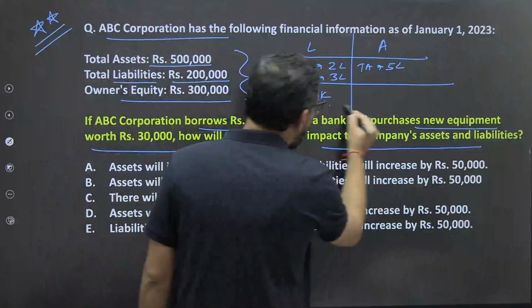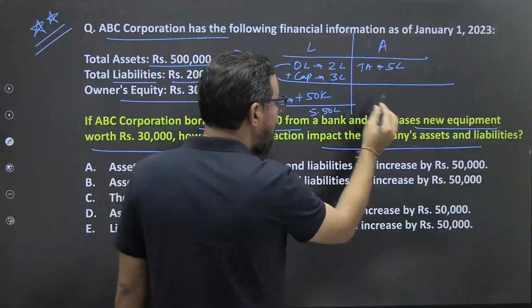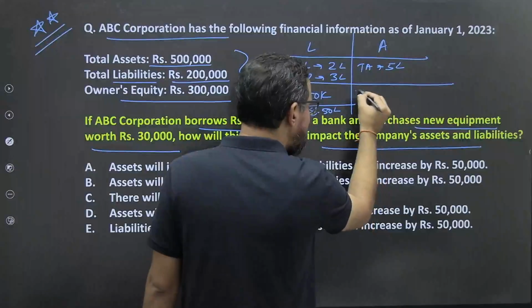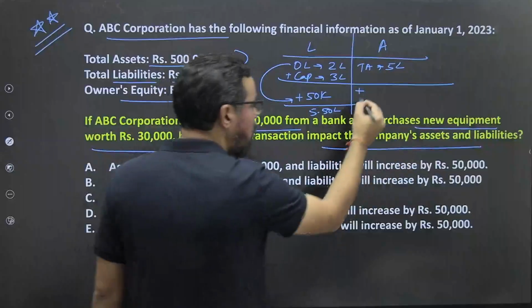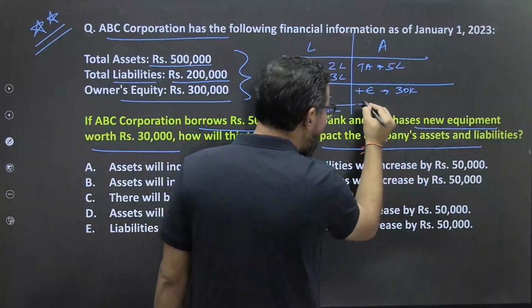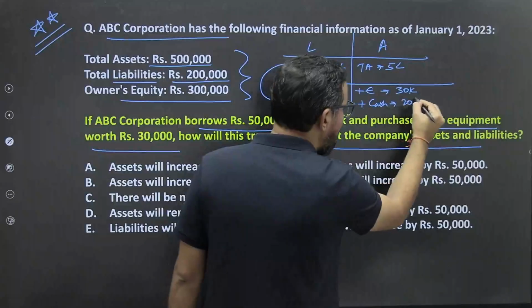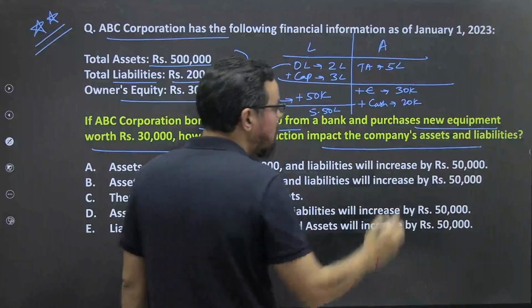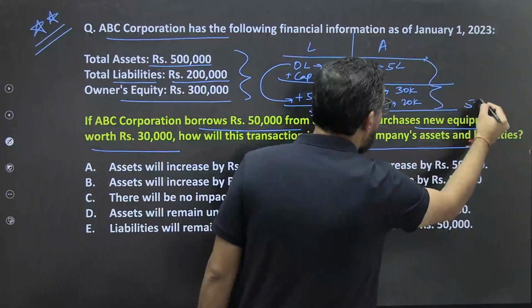So their total liability will become 5.50 lakh. Now on the cash side, there are two transactions. One is they purchase a new equipment machine worth rupees 30,000. The remaining 20,000 will be held in the form of cash. So this plus this also becomes 5.50 lakh.